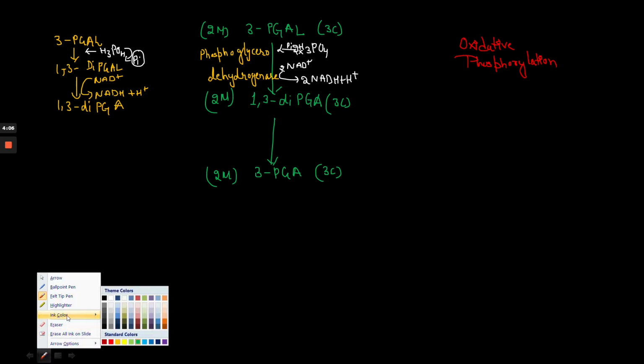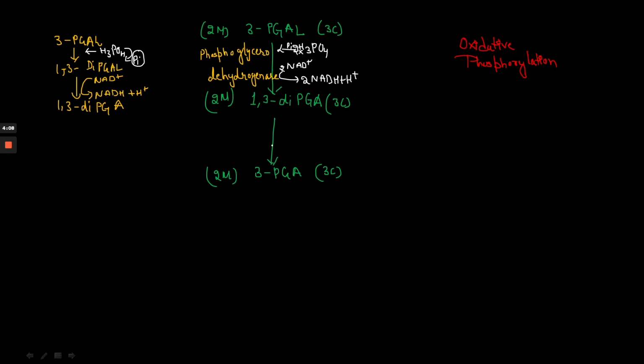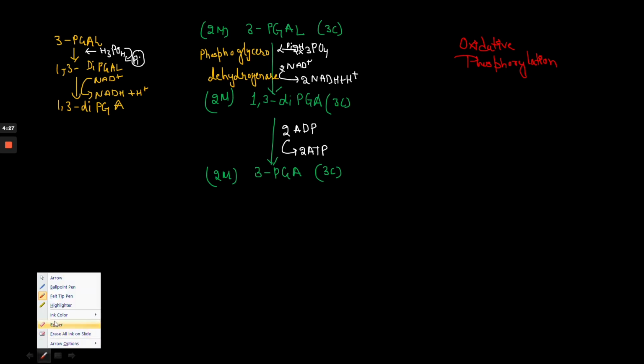So that phosphate group must be added up somewhere, and where must it be added? It is being added into ADP, and 2 molecules of ADP will get converted into 2 molecules of ATP with the addition of this phosphate group.